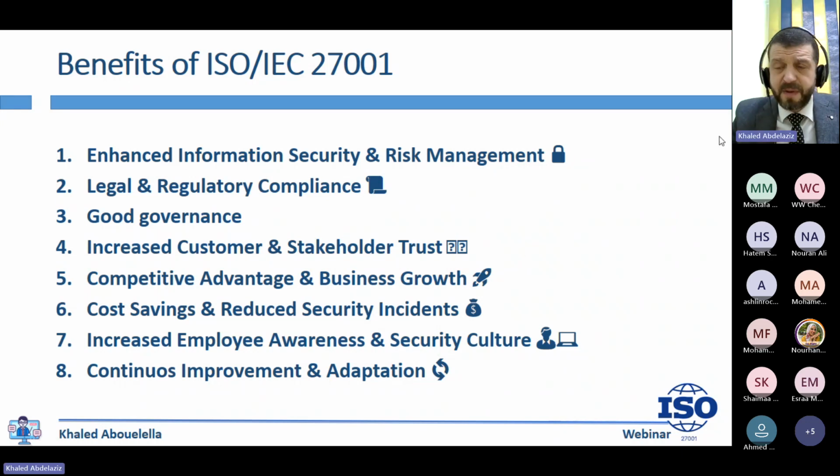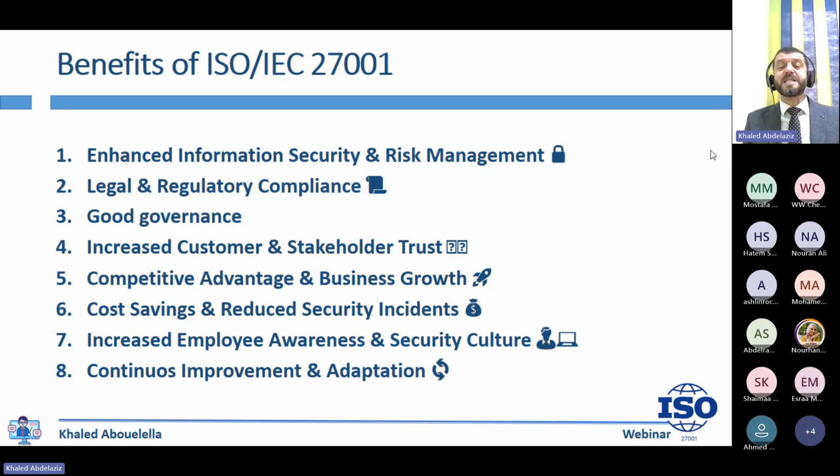The first benefit of implementing an information security management system based on ISO 27001 is information security. You enhance your information security and risk management by protecting sensitive data from cyber threats, data breaches, or simply unauthorized access to your sensitive information or data assets.